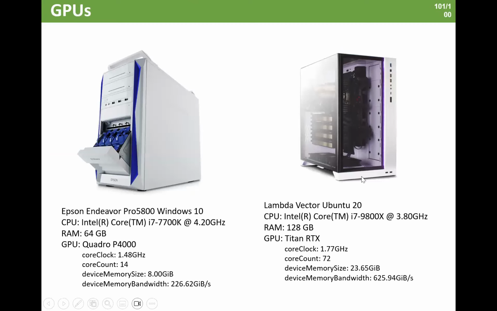So talking about GPUs, my computer in the hospital is like this, so it's pretty decent. But if you have a budget, if your boss says, "Oh, we have $100,000 we need to spend," then tell them I want this. This has 4 GPUs in it. Sometimes they have 2.